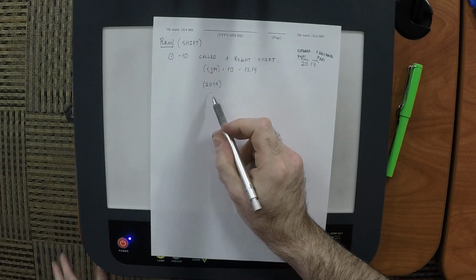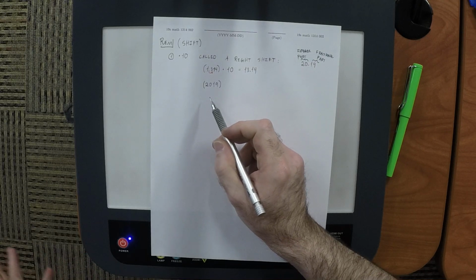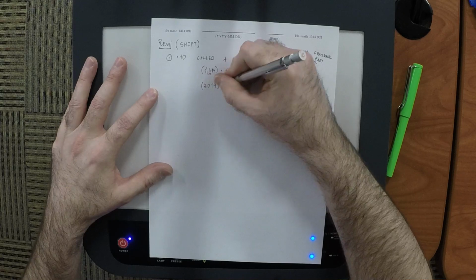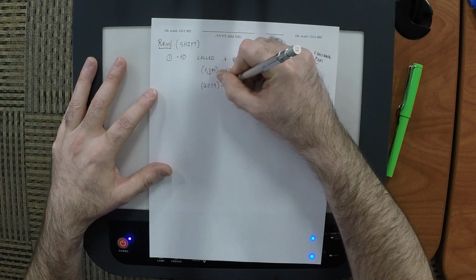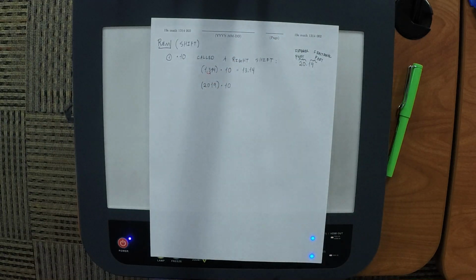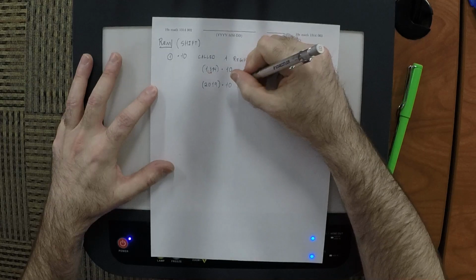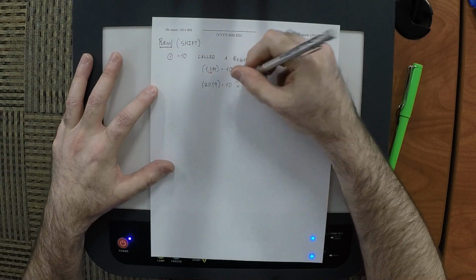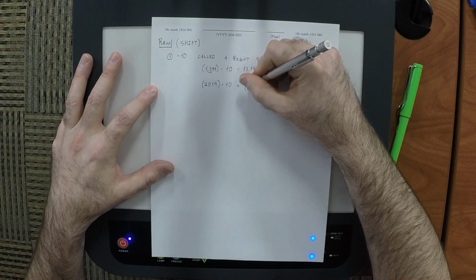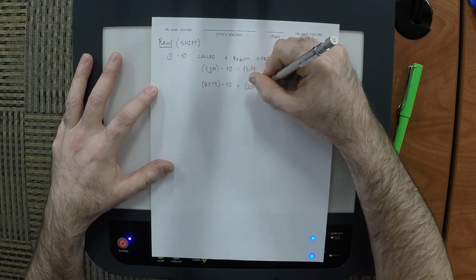And then what's its fractional part? Right, it's zeros, so it's not there. So then if I say 2019 multiplied by 10, it can be kind of confusing to see why it's still called a right shift. But the reason why it's called a right shift is because, after all, isn't it the case that 2019 can be written in this way, 2019.0?